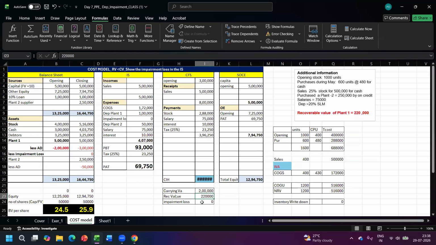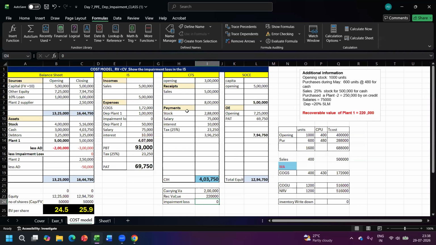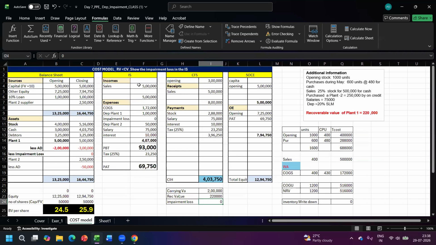If it is 220,000, there is no impairment loss. And in fact there is a gain, but because we are following the cost model, it says you cannot show that gain. As a result, the gain, if any, is not recognized, maybe because of the conservative principle.